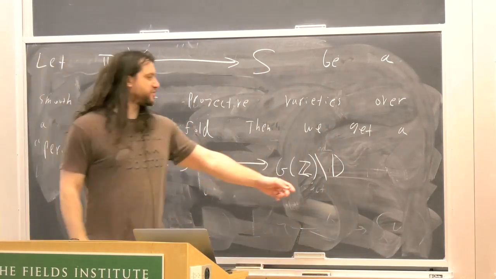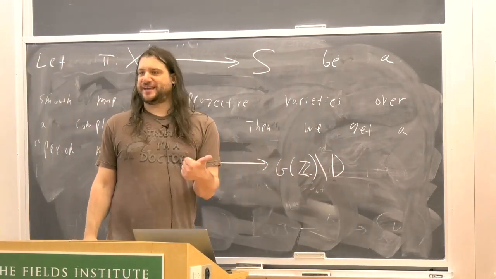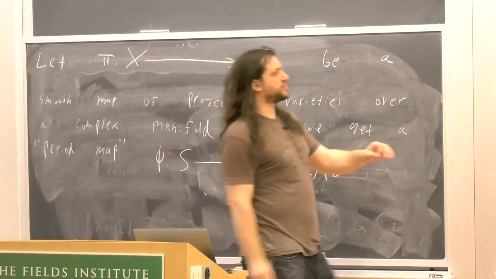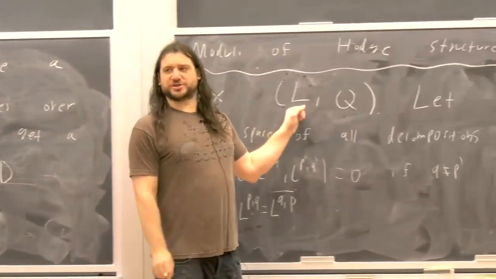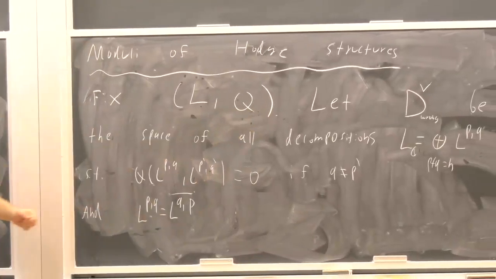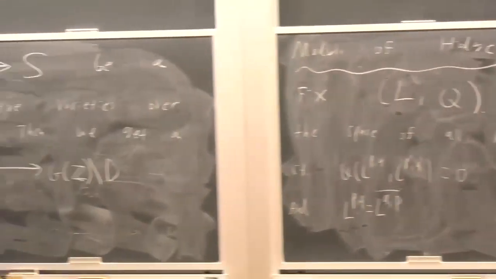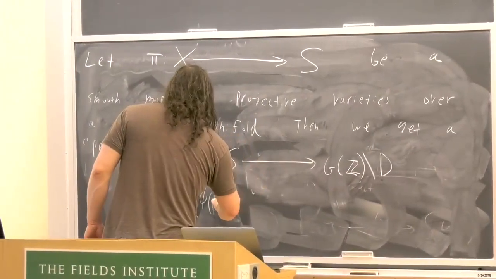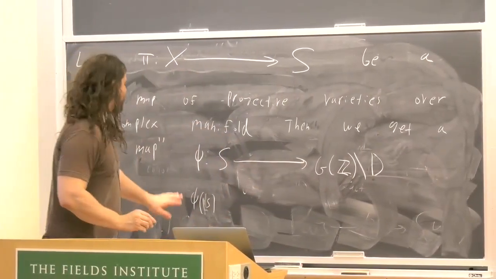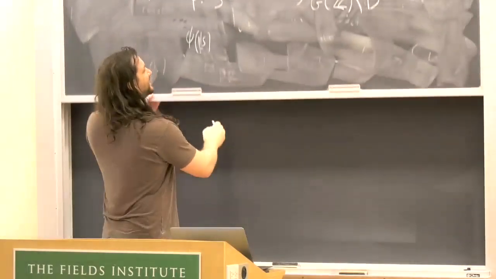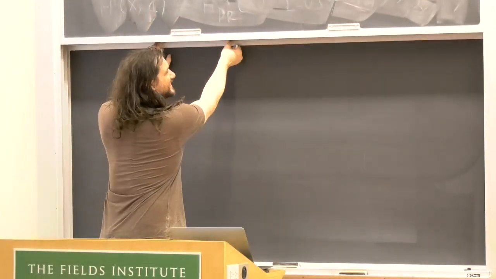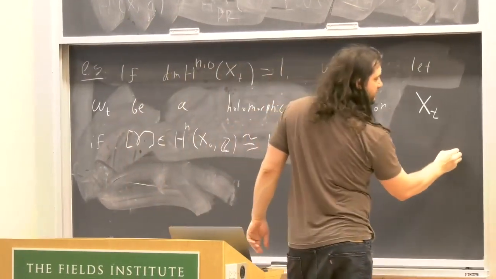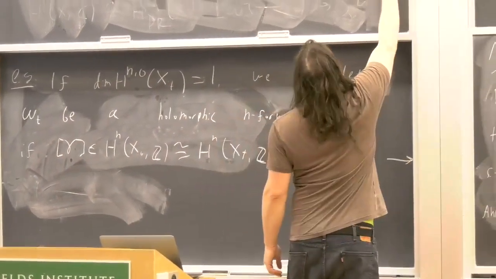Where again, the construction of this D depends on the choice of an n. And of course, it depends on the isomorphism class of the nth primitive cohomology of X together with this form Q. And so what is this map? This map sends a point little s... Sorry, let me remind myself by doing a little doohickey here.